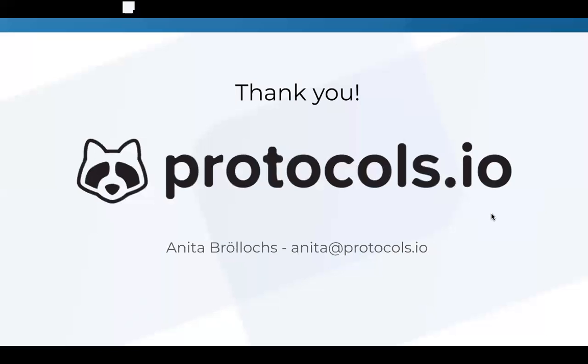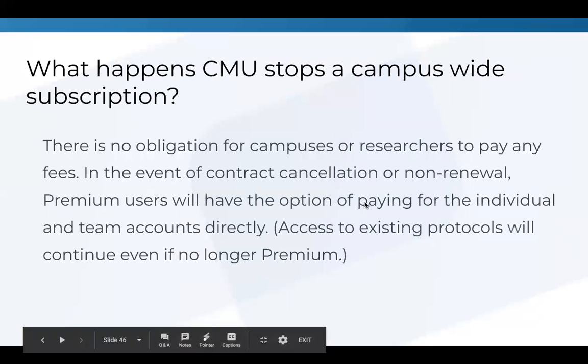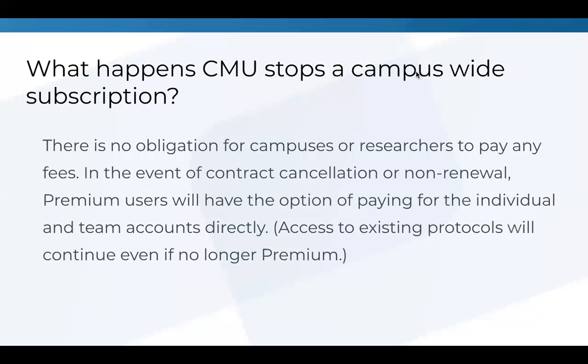Okay, Lenny says, can you describe what happens to a premium group in 2 years if CMU does not renew the site license? That's a very good question. And actually, I did prepare this slide for you. So a good question to ask is, what happens if CMU stops a campus-wide subscription? And so what will happen is there's no obligation for campuses or researchers to pay any fees.